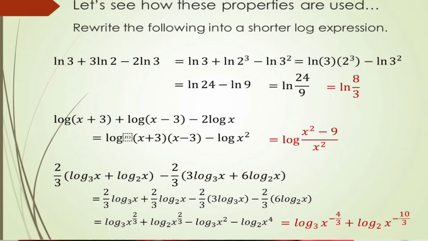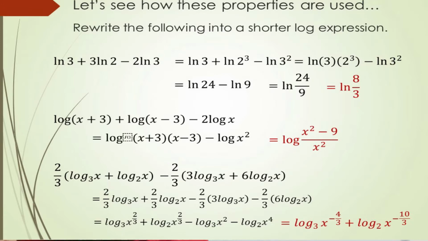So before we divide, can we simplify x plus 3 multiplied by x minus 3? What will be the answer? If you multiply x plus 3 and x minus 3, what will be the answer?